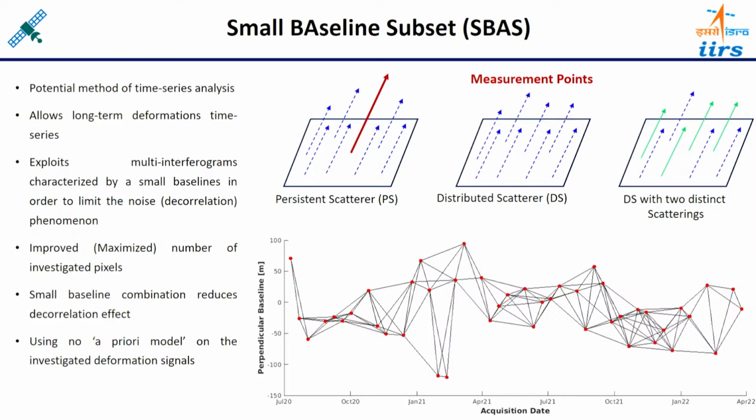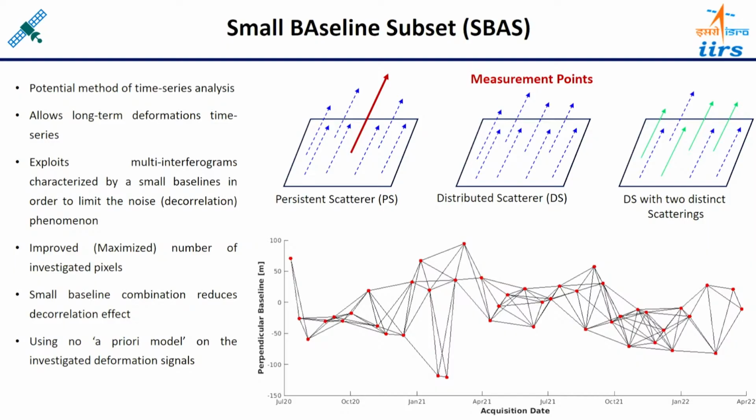So suppose 100 images are there, then they have formed the interferogram pairs with small lines. So how many interferograms can be generated from 100 images, or let us say n images are there, then how many pairs can be generated? From n images, pairs of 2. So the number of interferograms will be nC2, combination of 2 out of n.